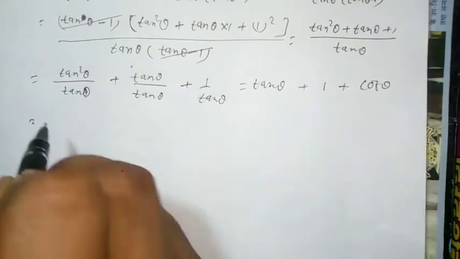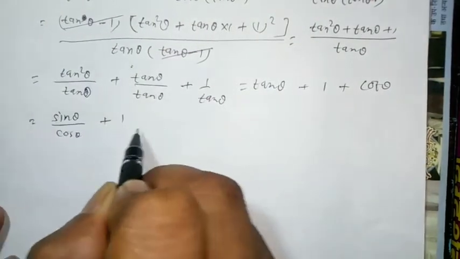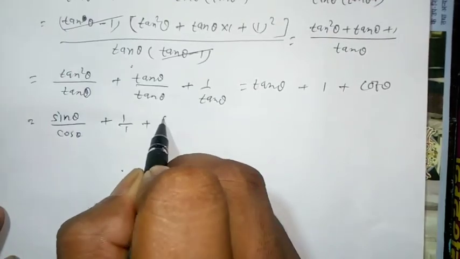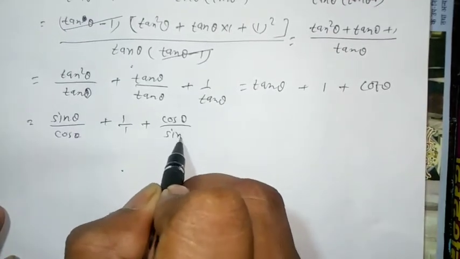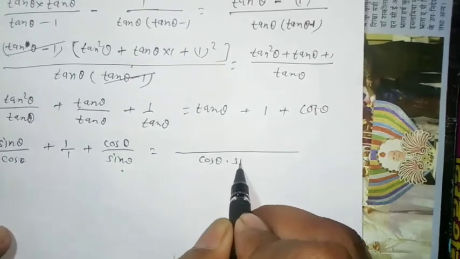tan theta plus 1 by 1 plus cot theta is equal to sin theta by cos theta plus 1 by 1 plus cos theta by sin theta. Take the LCM, cos theta into sin theta.